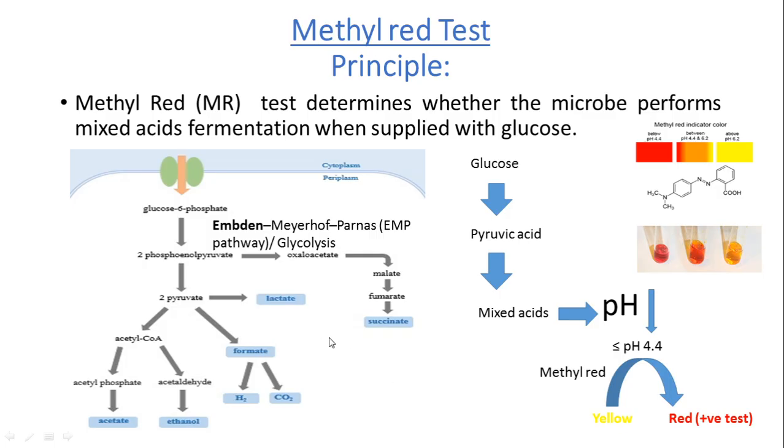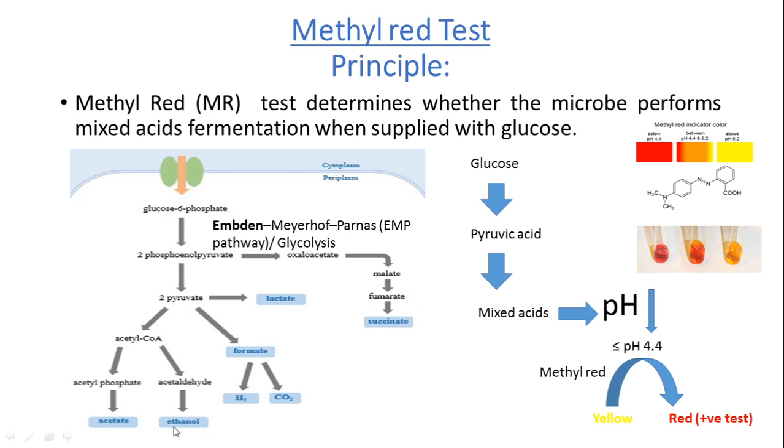The principle behind this test is that when glucose is supplied as a nutrient, the organisms utilize this glucose, and through the glycolytic pathway, that is the EMP pathway, the glucose is converted into pyruvate. This pyruvate is further converted into acetate, that is acetic acid, then lactic acid and succinic acid.